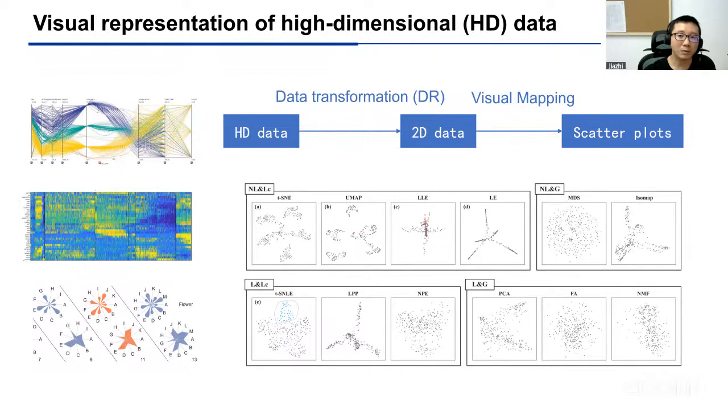Dimensionality reduction approaches are proposed to embed data from high-dimensional space into a 2D space. In scatter plots, the distance between points indicates their similarity. Therefore, cluster patterns and outliers can be visually detected.